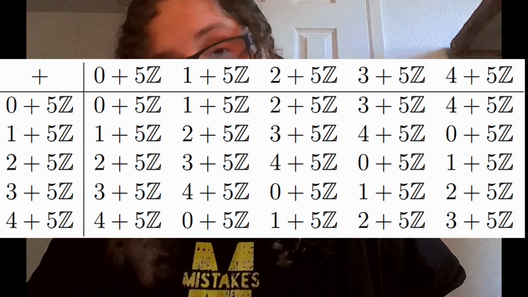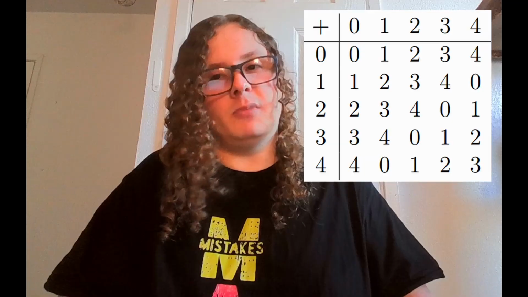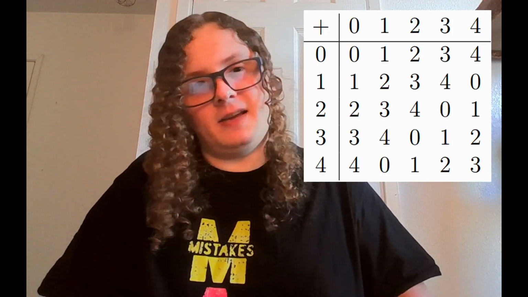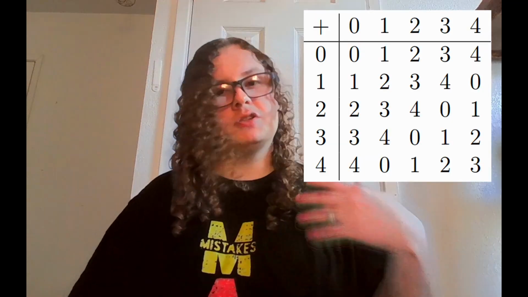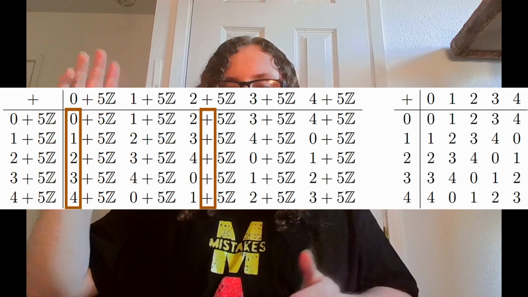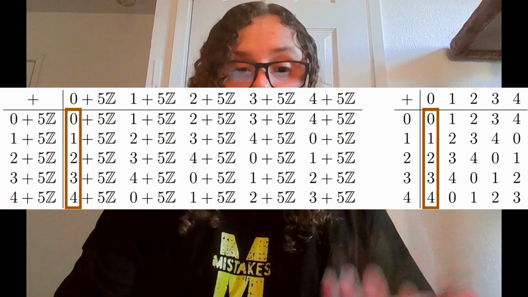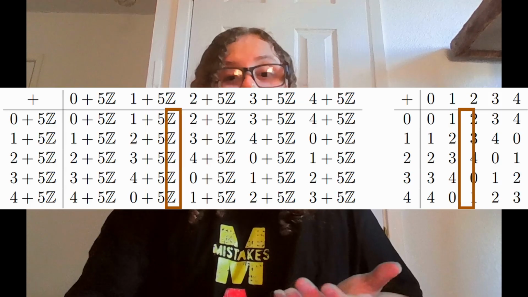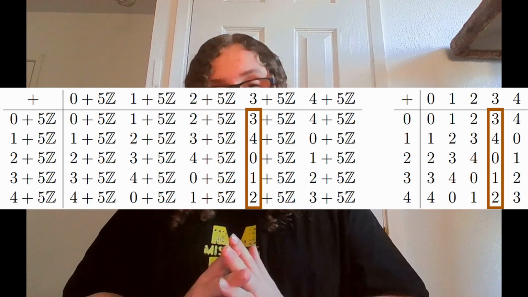Now let's look at Z5 with addition modulo 5. This is the Cayley table for Z5. Now if we show them side by side, look at the numbers on the left and compare them with the table on the right. They are identical in structure. This shows that Z quotient 5Z is isomorphic to Z5.